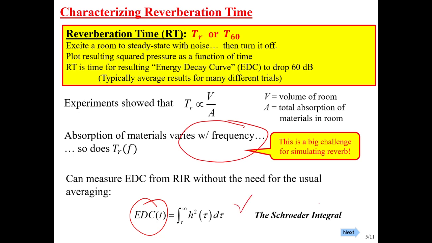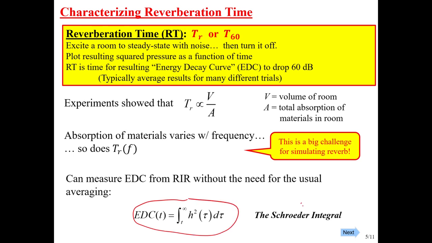And this thing is called the Schroeder integral, and Schroeder is the guy whose work kicked off the discrete time simulation of reverb. So he's kind of like the father or the godfather of discrete time simulated reverb. But this is an important result, and it's called the Schroeder integral. So what are we going to do with that Schroeder integral?